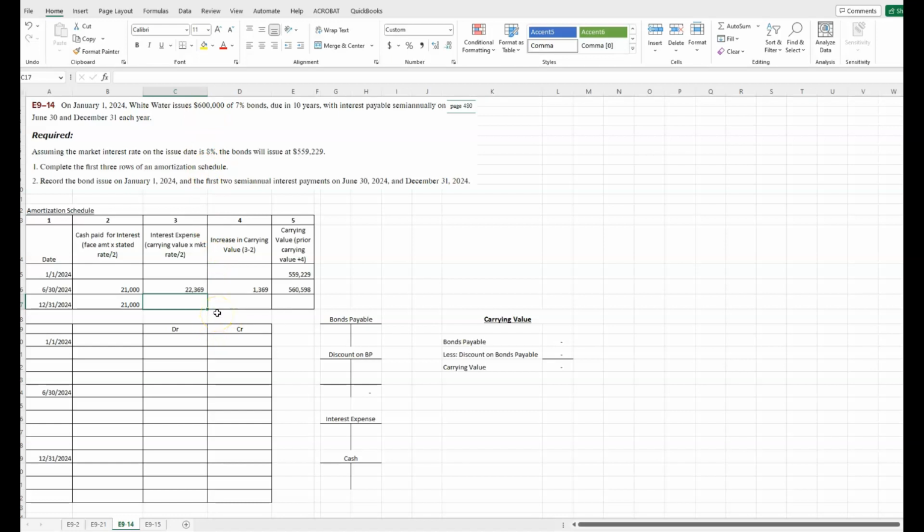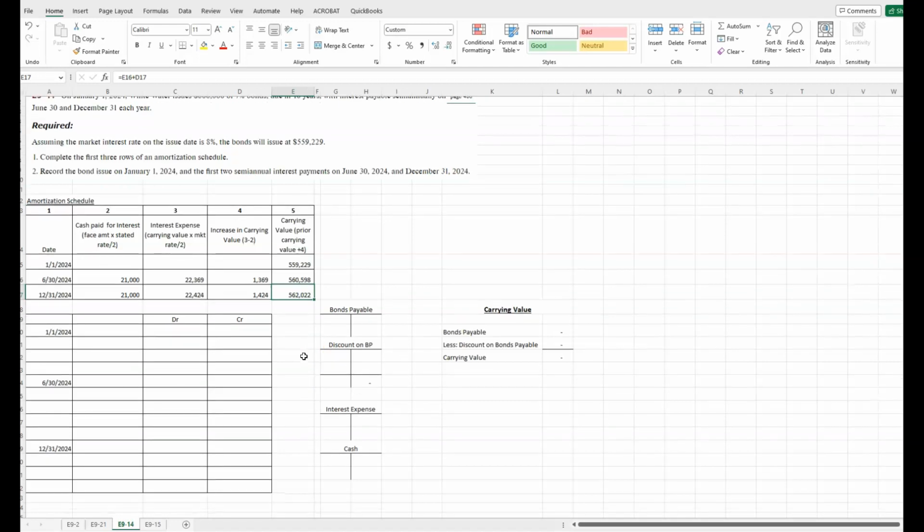My new interest expense is my new carrying value times half the market rate. So market rate is 8%, so half of that is 4, gives me 22,424. The difference between those two numbers is my increase amount. That brings it up to 562,022.